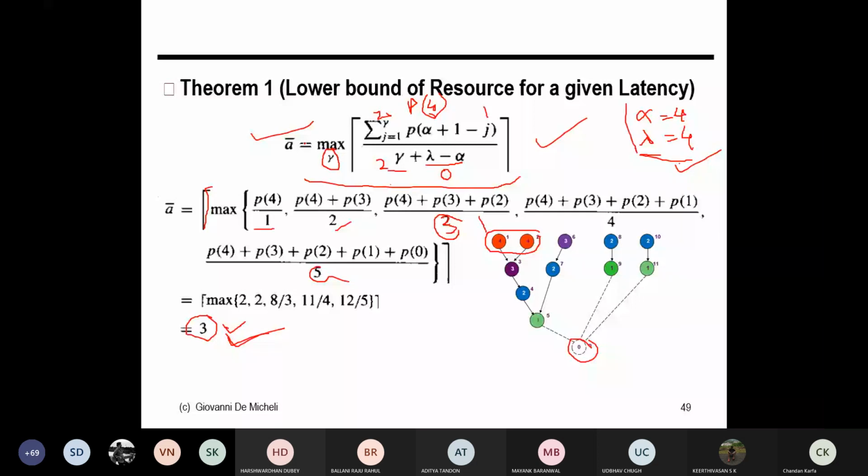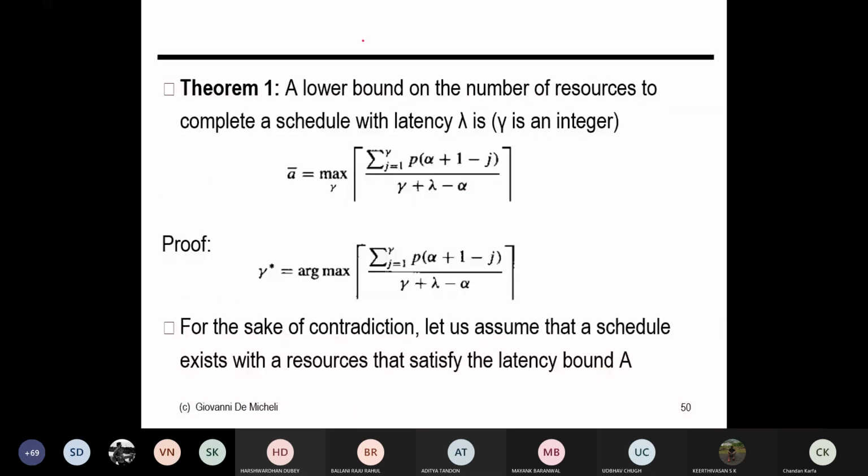As I mentioned, the lower bound of the number of resources to complete a schedule with latency lambda is given by this equation, and a bar is the minimum number of resources, where gamma is some positive constant. So for gamma star, some value of gamma star, this particular equation gives the max value, right? So this is the gamma star for which I am going to get the maximum value.